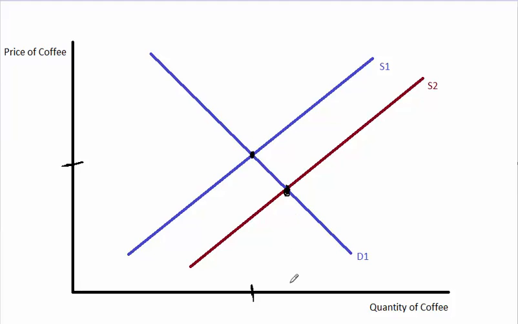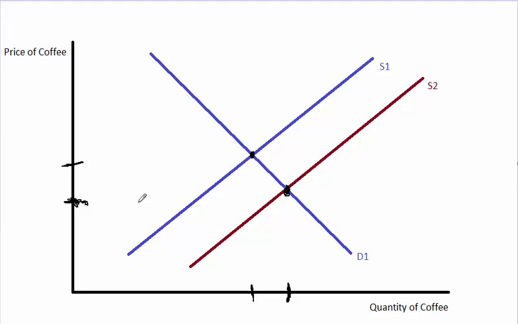So if we come down to our x-axis, it's right here, and we see that the quantity of coffee has increased. And if we go over to our y-axis, we will see that the price of coffee has decreased. So that's what happens when you have an increase in supply.